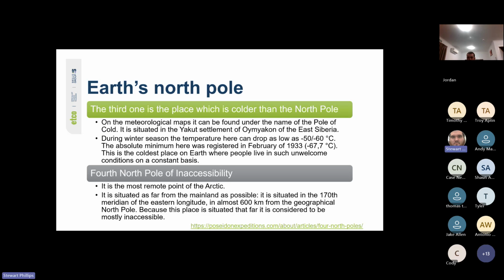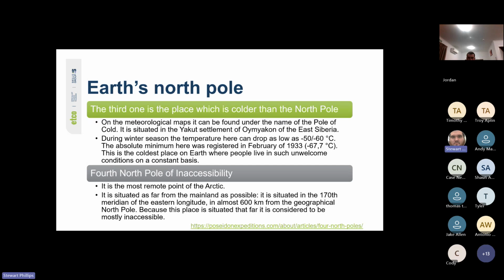Cool. So the third one is the place which is colder than the North Pole. On meteorological maps it can be found under the name Pole of Cold. It is situated in the Yakut settlement of Oymyakon in East Siberia. This is not stuff you need to know too much about.